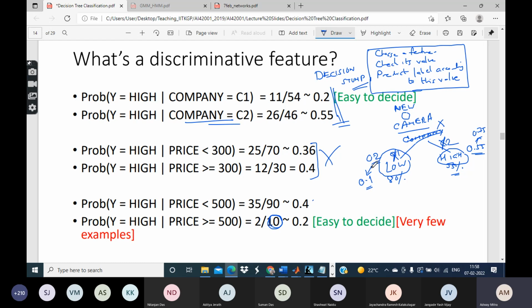In one case the probability of high rating goes down to 0.1. In this case the probability of high rating goes up to 0.75. So as you said, the difference should be quite high, and here the difference has definitely become higher. So you should definitely prefer this feature. Correct? This feature seems to be more useful than company.